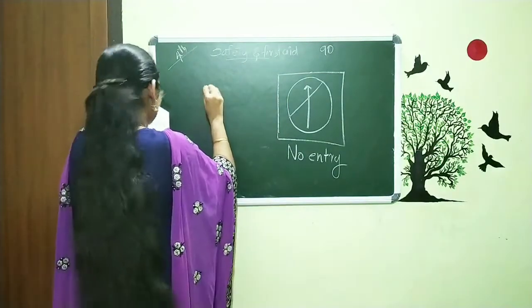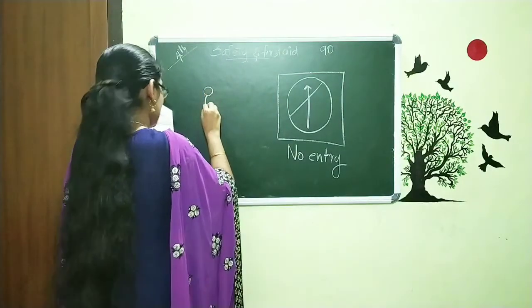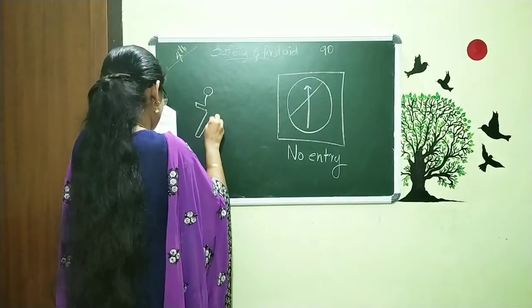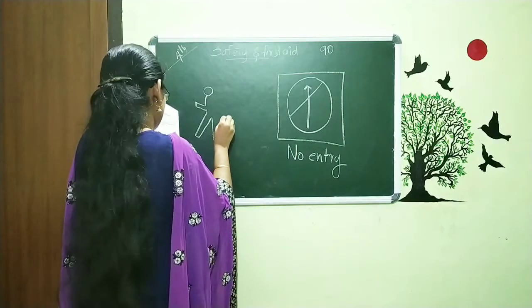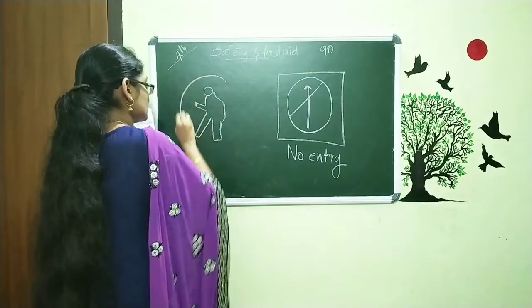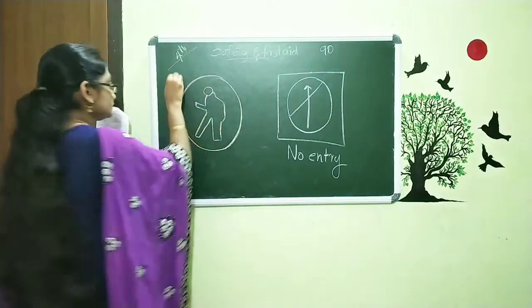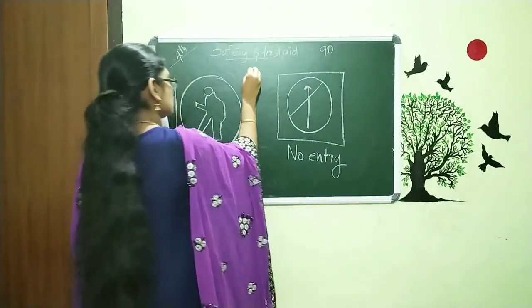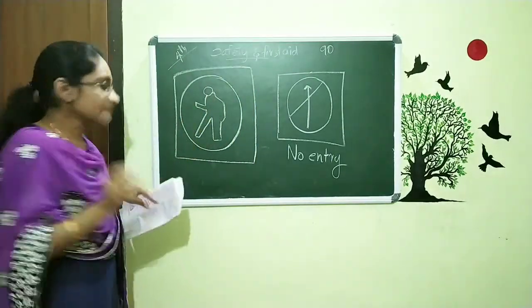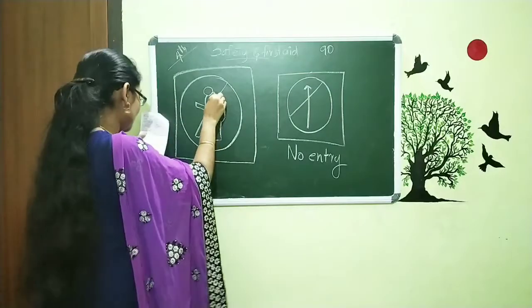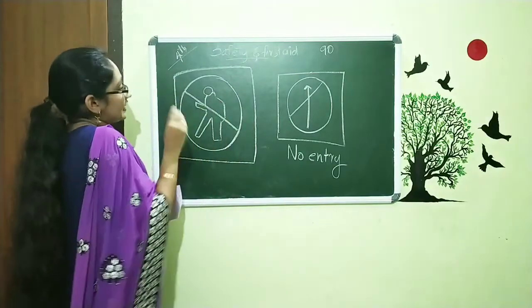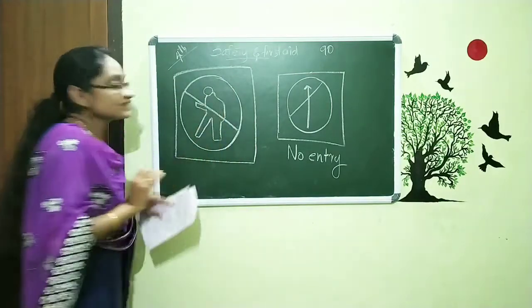It is something like this: a person is walking and the symbol has a cross, a cross within a circle and a person walking.